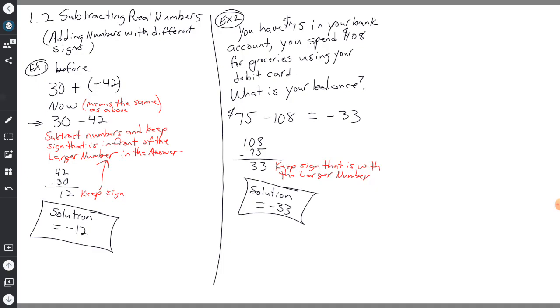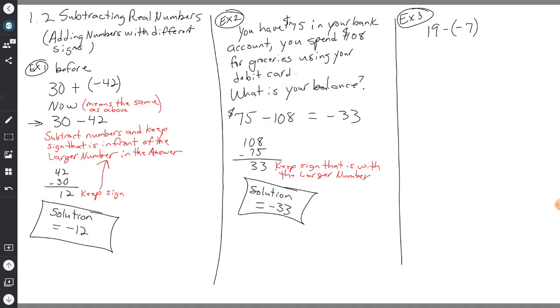But if we're subtracting, we have 19 minus a negative 7.